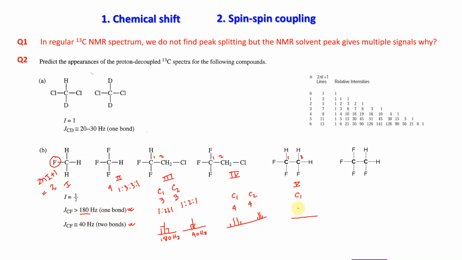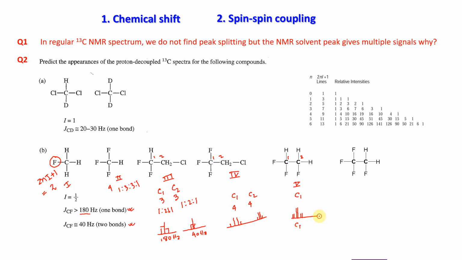So at the beginning we'll see the triplet, 1:2:1. And then you have one fluorine which is 2-bond connected, so it will do a doublet. Each of the peaks will be split into doublets. Got it? So this is the situation for C1.